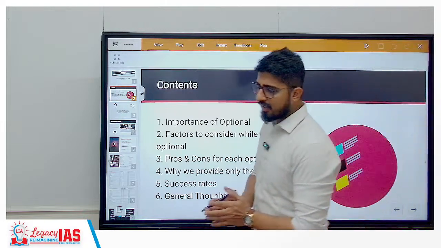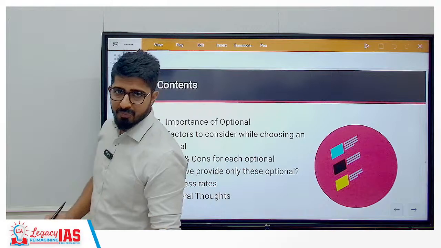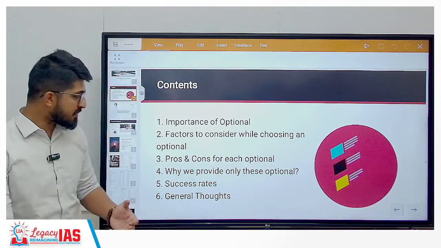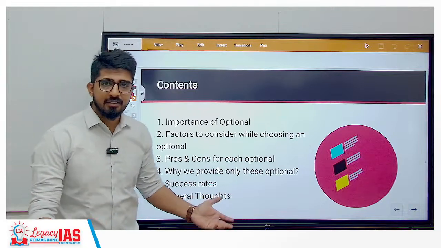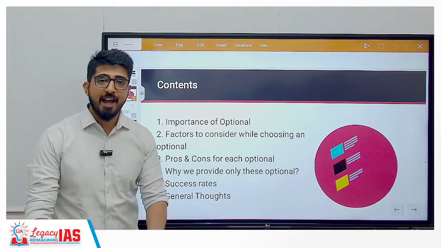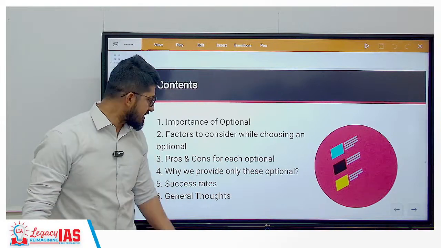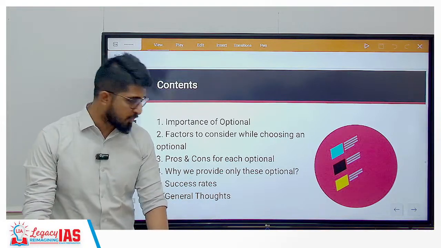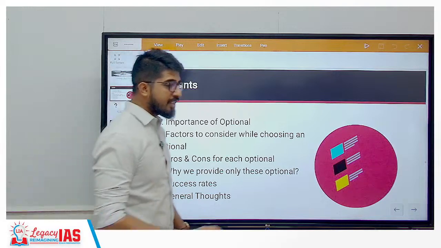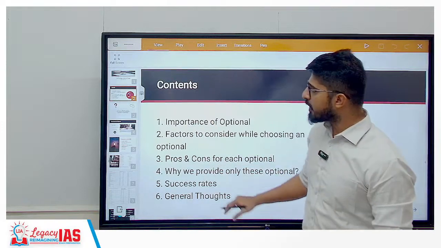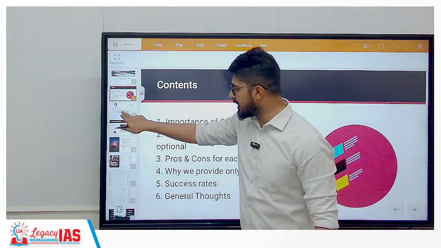It's also about the numbers at the end of the day, as to how many people choose a particular subject as an optional. And then the success rates, the most interesting factor which students consider while choosing an optional, that also we will look into. And finally, the general thoughts related to the optional. So these are the things that we are going to consider in this particular session.